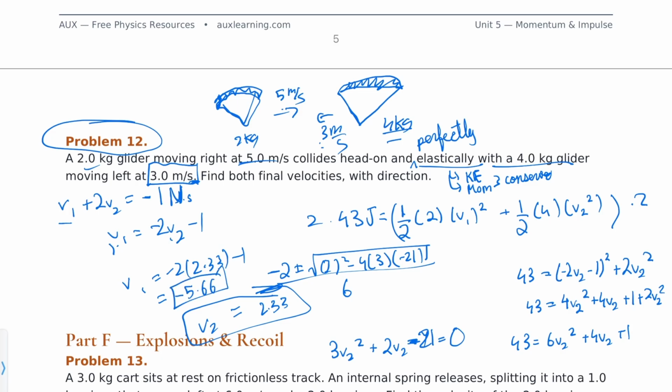Okay, so that means the 2 kg glider is going 5.66 meters per second to the left, and the 4 kg glider is going 2.33 meters per second to the right. Because positive and negative denotes the direction here, right? So that makes sense.